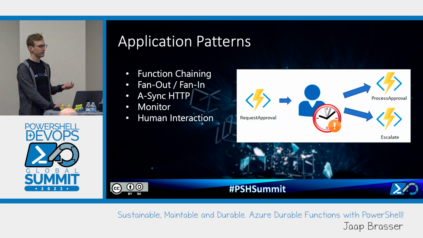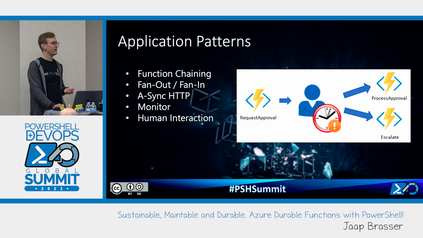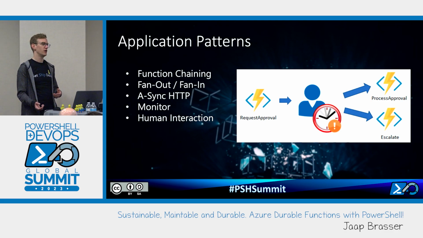Then we have the human interaction. So that's for approval flows, for example. Not something that I've gone into a whole amount. In general, in these kind of cases where I have approval workflows, I think Power Automate is a very powerful tool for those kind of interactions.